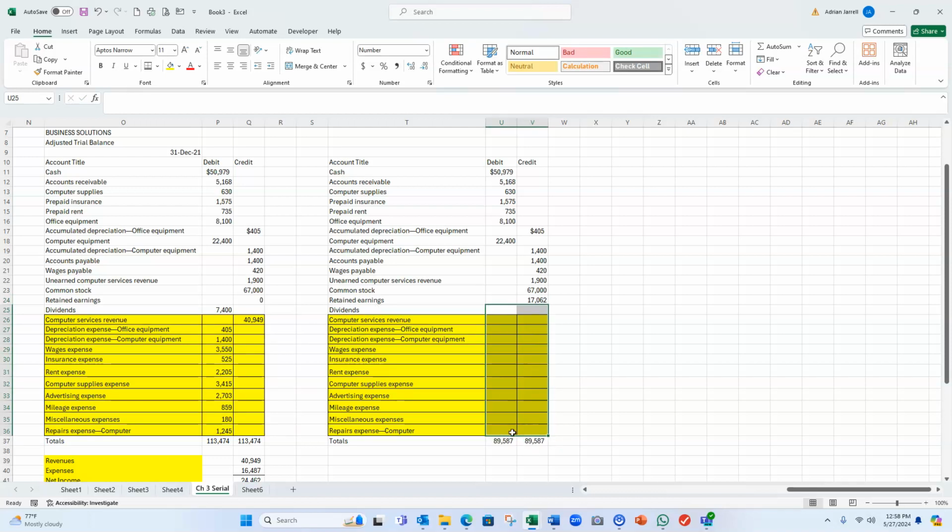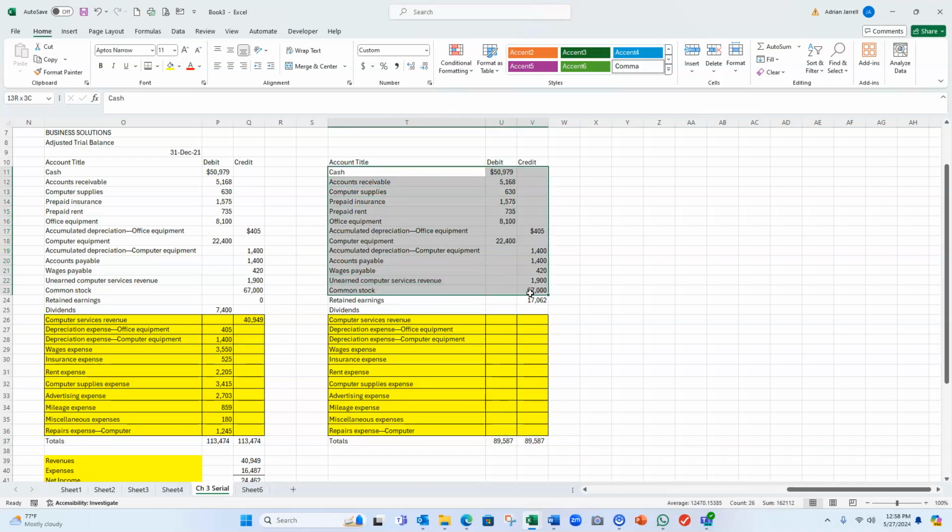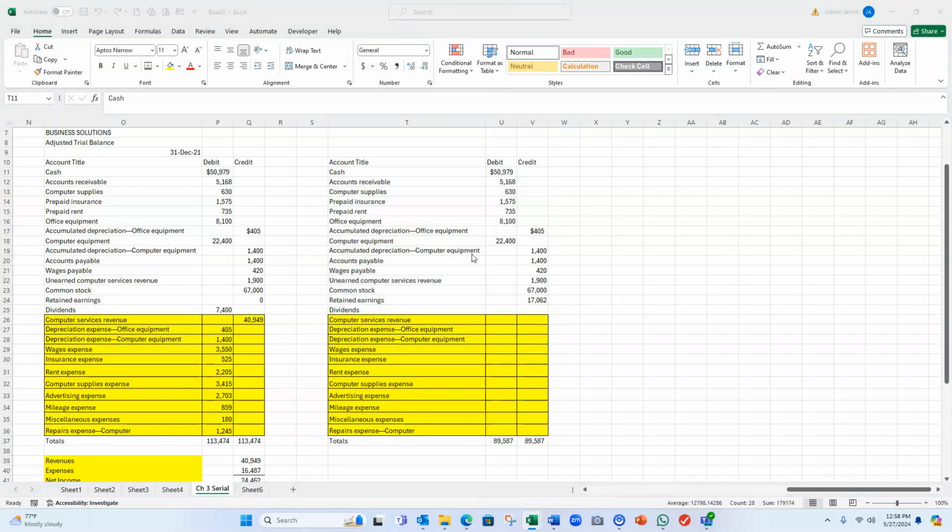My balance is still going to balance. I'm still going to get the same effect with both columns balancing, but my post-closing trial balance will just be the permanent accounts. It won't contain dividends, revenues, or expenses. That's going to be the post-closing trial balance.